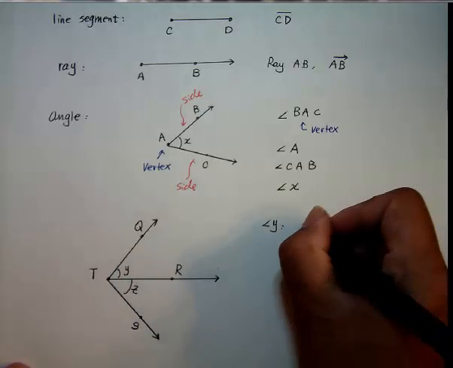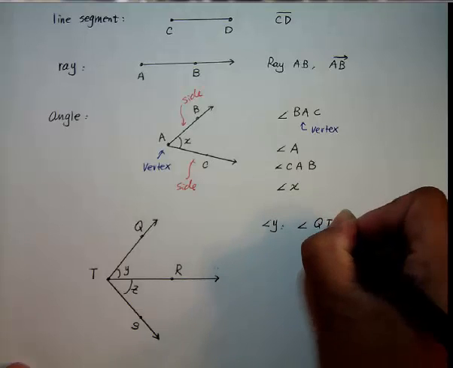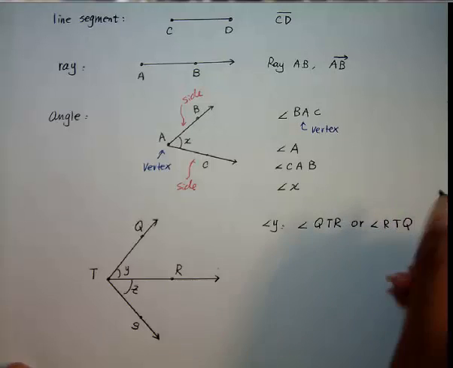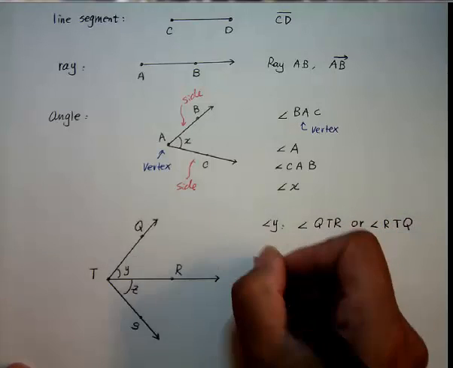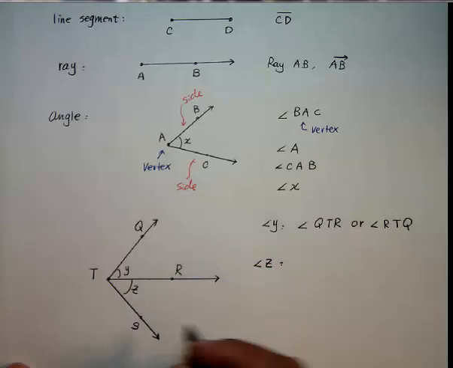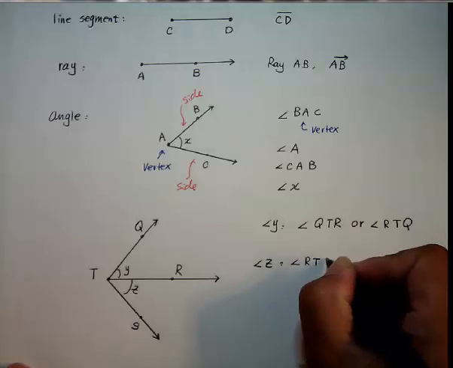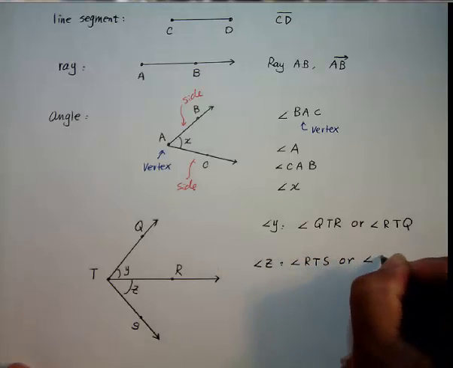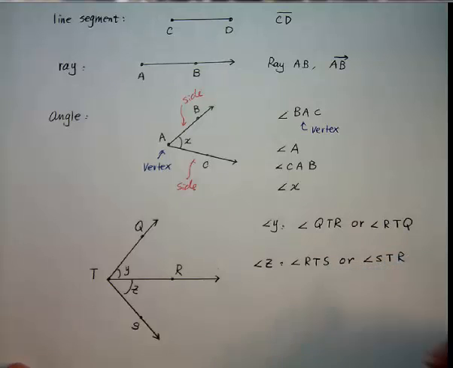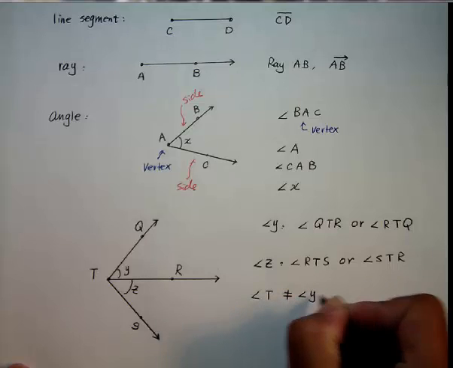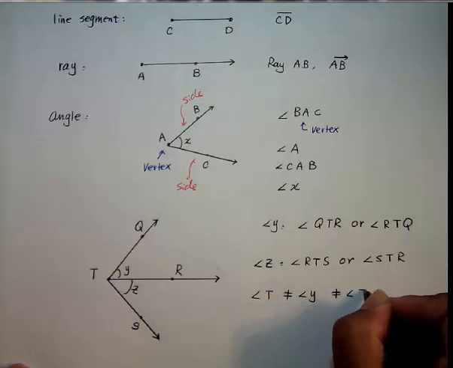So angle Y, I can name it angle QTR or angle RTQ. Similarly, angle Z, I can name it angle RTS or angle STR. But you cannot say angle T. Angle T is not the same as angle Y, and it's not the same as angle Z.